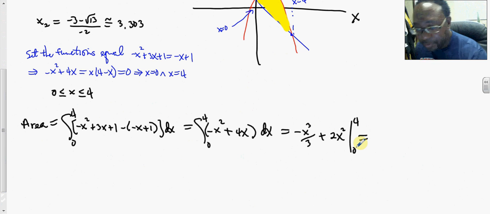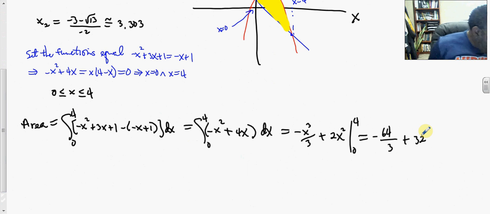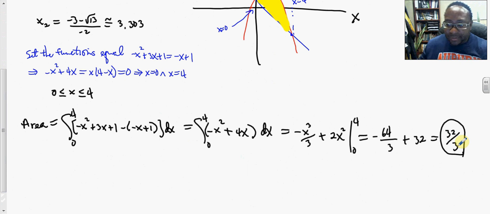So that gives us negative 64 over 3 plus 16 plus 2 is 32. And on our calculator, we have negative 64 over 3 plus 32. That gives us 32 all over 3. Okay, good.